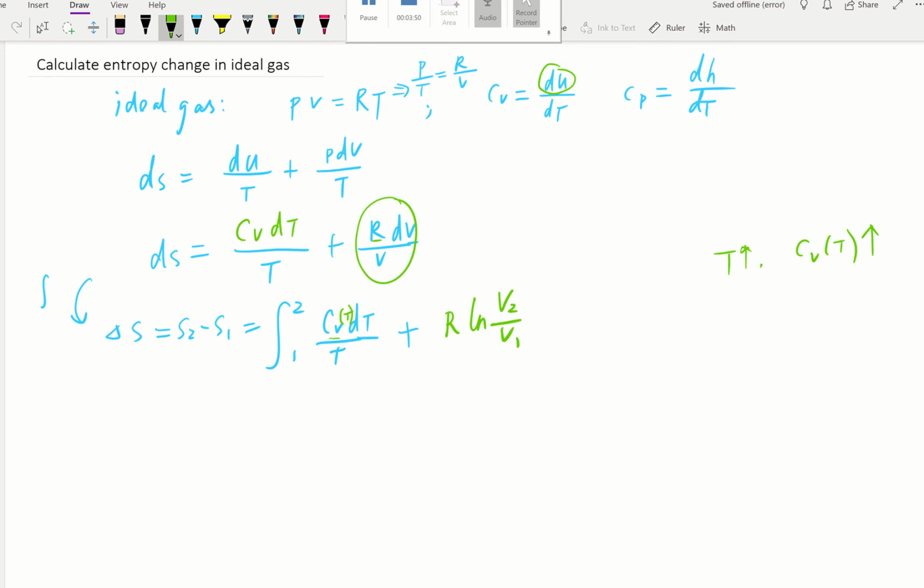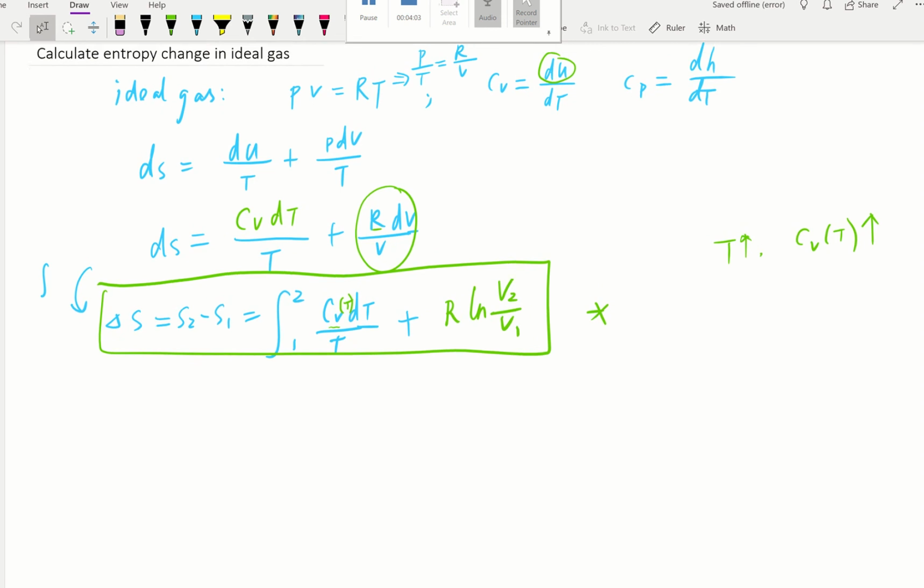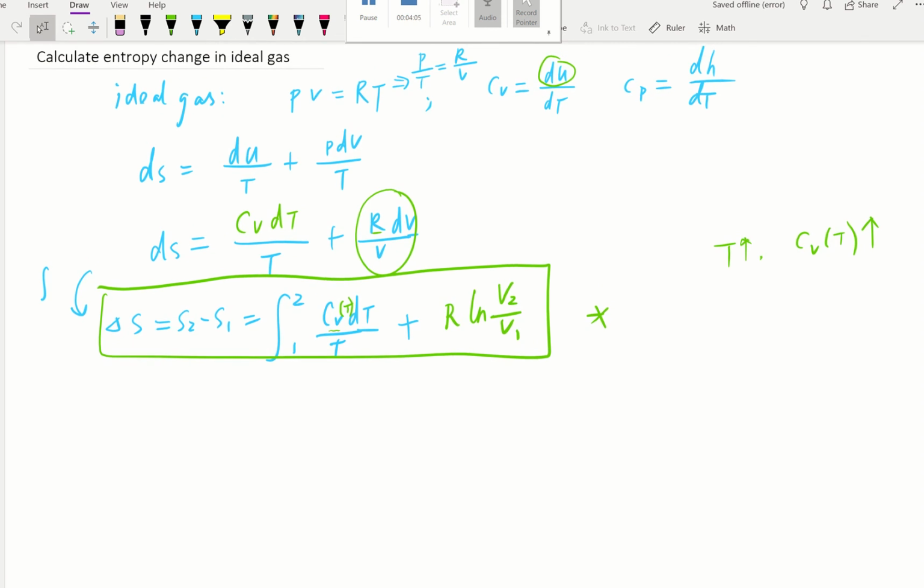Okay. So this is actually a very good equation. We're actually going to use it later on. Let's just put it on hold. This is very helpful. So far, this is the equation we have for ideal gas for entropy change. Now let's look at the second TdS relationship.